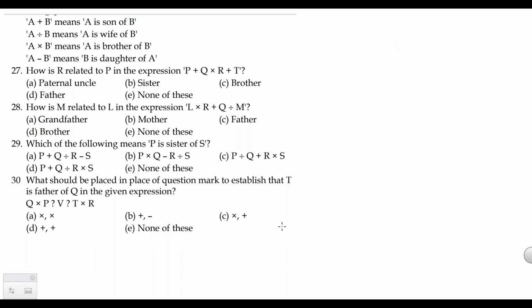Okay, we solve 30th. What should come in the place of question mark so that T is the father of Q? Right?